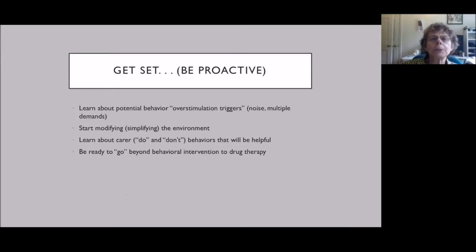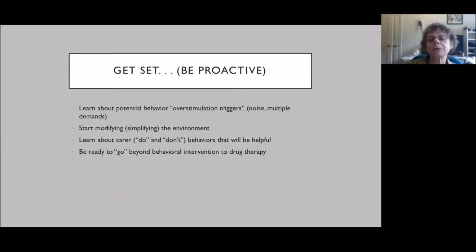Learn about potential behaviors or overstimulation triggers that can make the distress or increase the severity of this symptom, like noise, excessive noise, multiple demands coming too quickly for the person to switch from one thing to another.